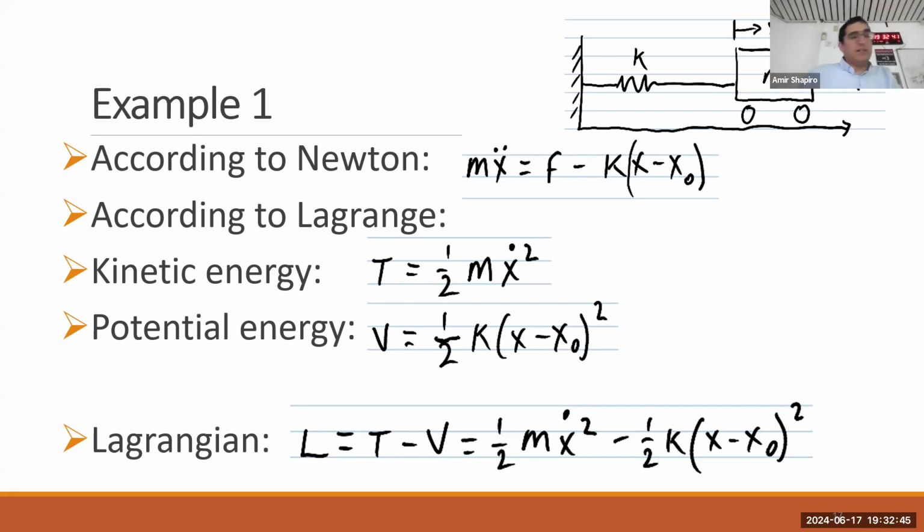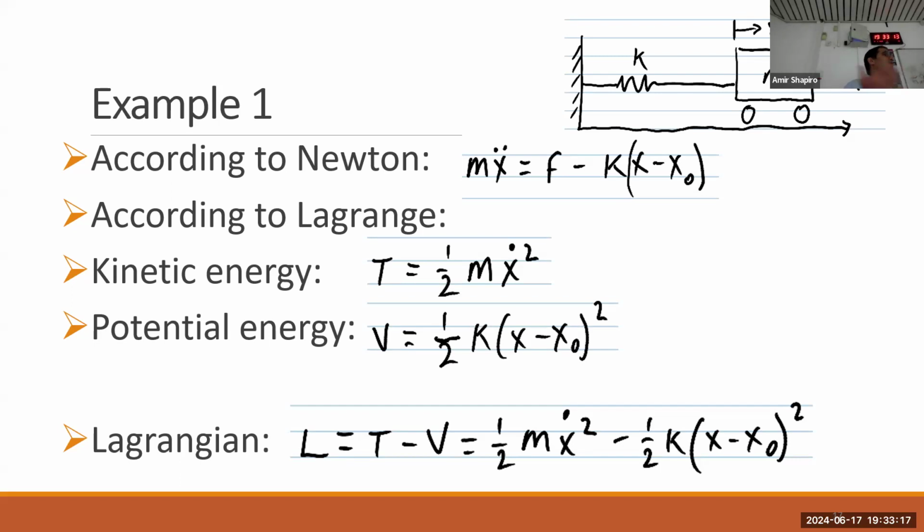And there is an external force F that is applied on this cart. So if we take Newton's law, F equals ma, so we have mass times the acceleration, and the total force is simply F minus k(x minus x0). x0 is the free length of the spring. That's it. That was very easy.